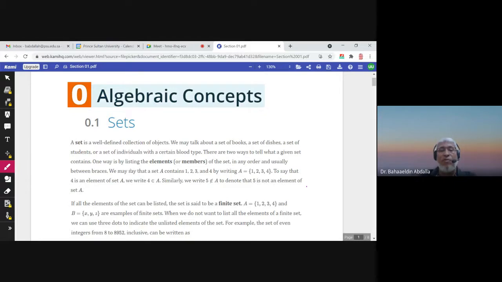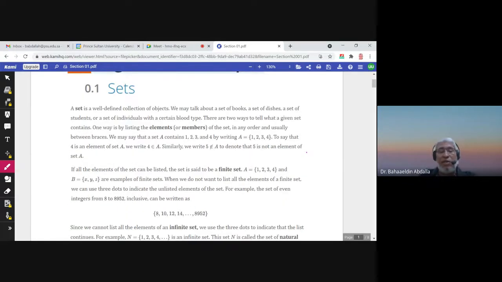How? The first method is by listing the elements or the members of the set. And the second method is to say a characteristic that is satisfied by all the elements inside it.